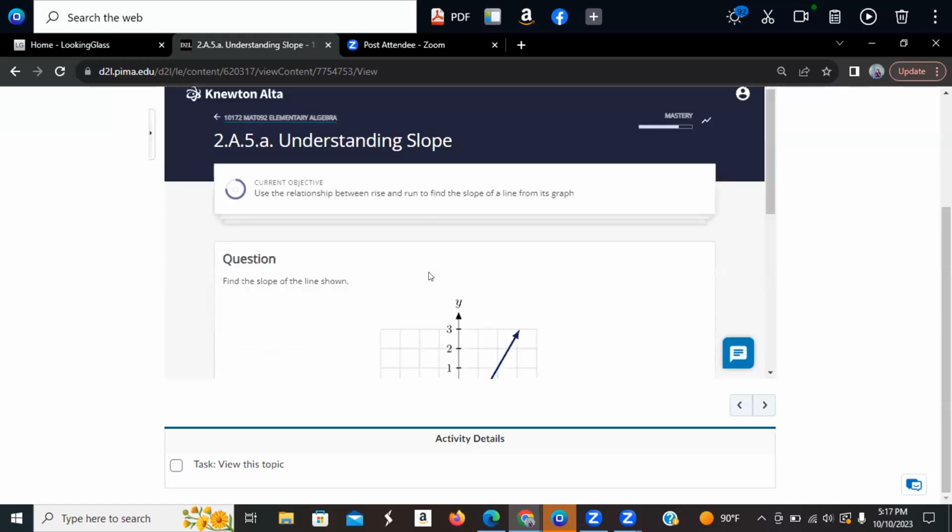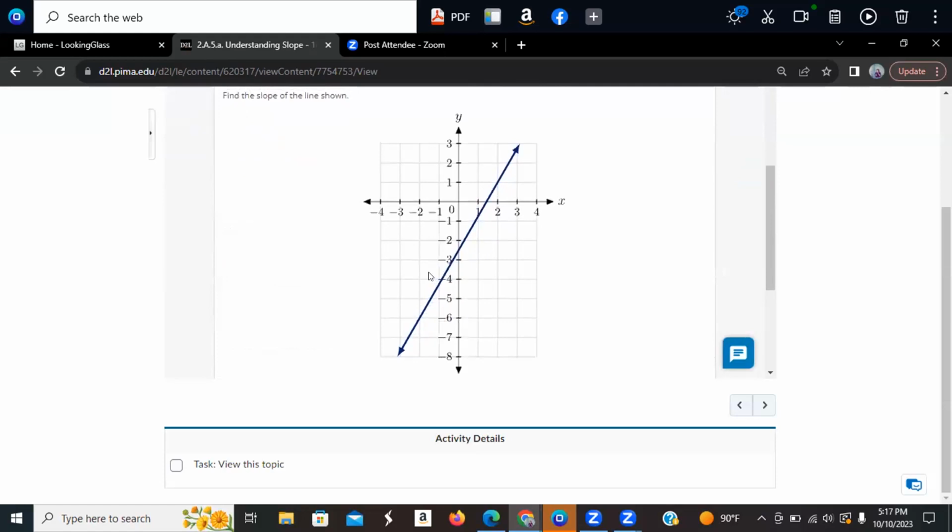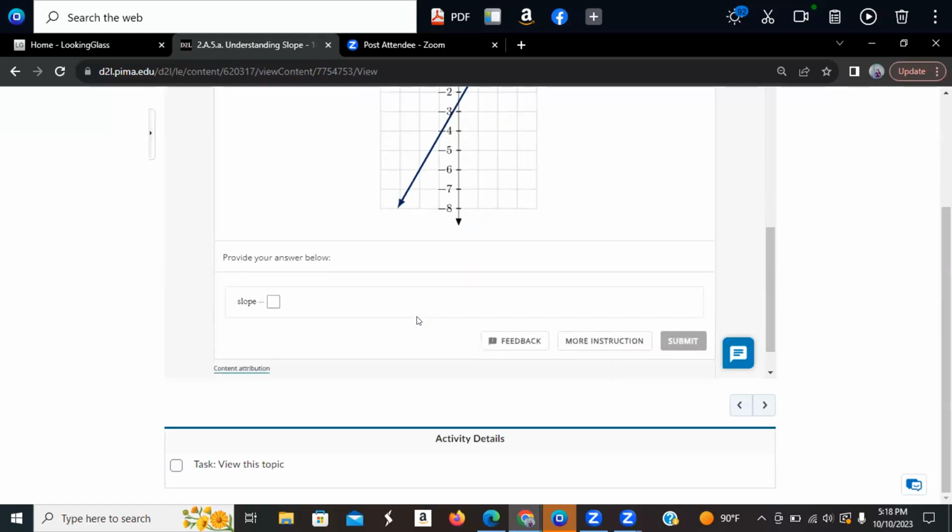All right. Doing really well. Try this one again. I got 7/3.